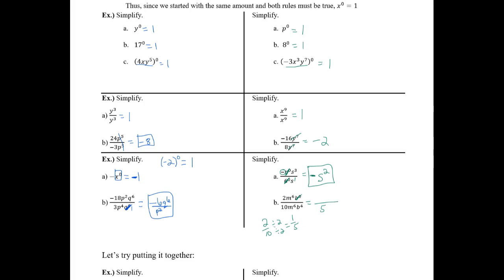You could put the 1 if you wanted, but 1 times anything is going to be itself. Actually, I'm going to put the 1 there. And then m to the 6th divided by m to the 6th is 1. And then lastly, I have this lonely b to the 4th that is in the denominator. It needs to stay in the denominator. So I end up with 1 divided by 5b to the 4th.